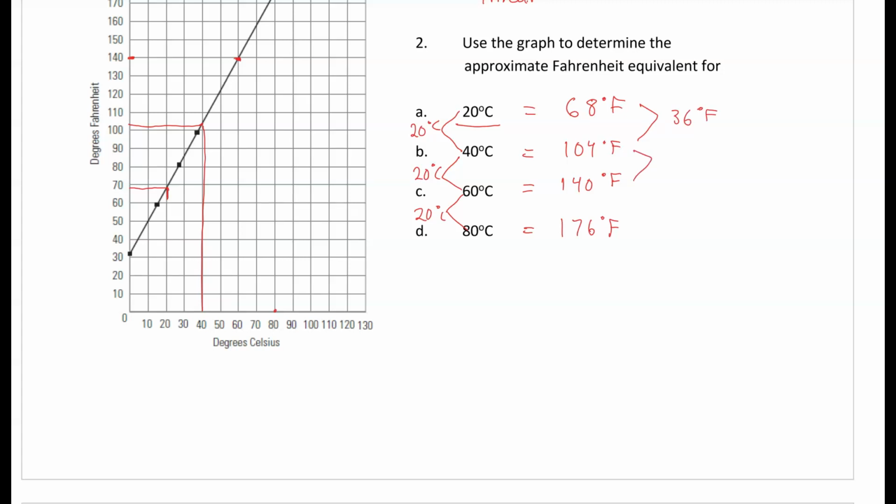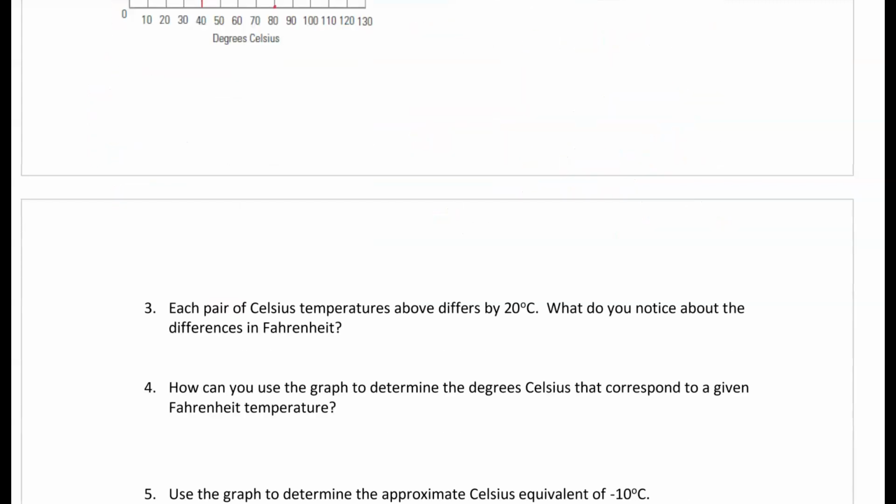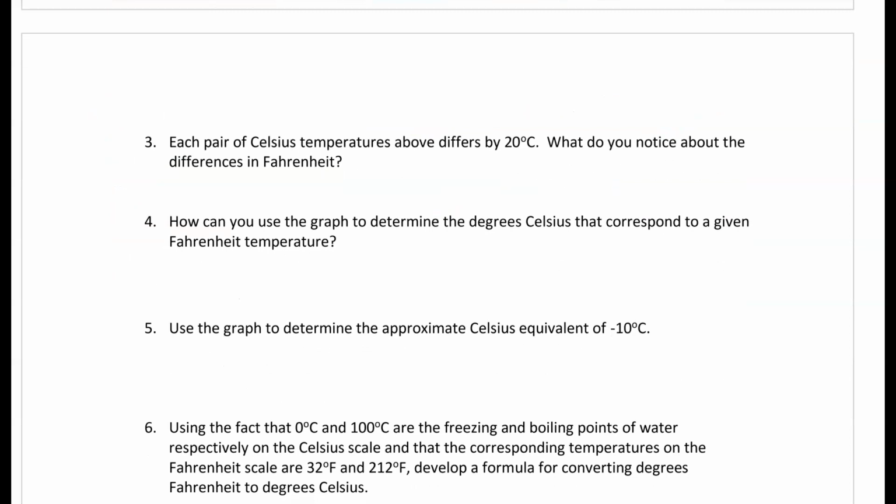And 140 subtract 104, again 36 degrees Fahrenheit. And 176 subtract 140, again 36 degrees Fahrenheit. So every time we change by 20 degrees Celsius, we're changing in Fahrenheit by 36 degrees. So, to answer this question on the second page here, the degrees Fahrenheit differs by 36.